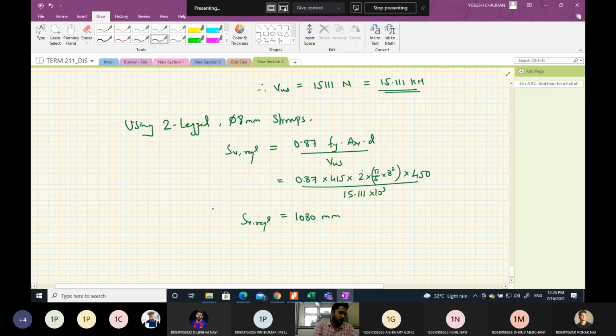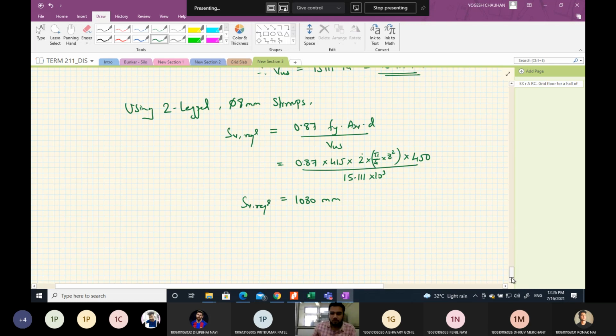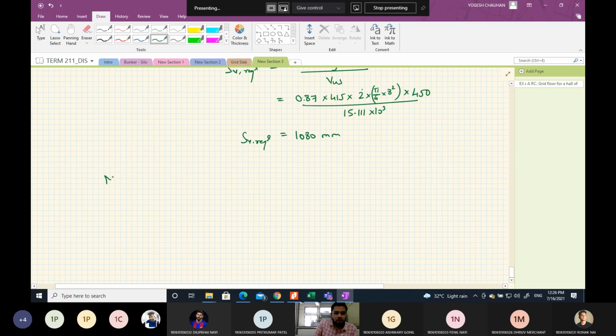Next, we also have to check this with the minimum shear reinforcement. So minimum shear reinforcement states that Asv upon b times Sv should be greater than or equal to 0.4 divided by 0.87 Fy. Okay.